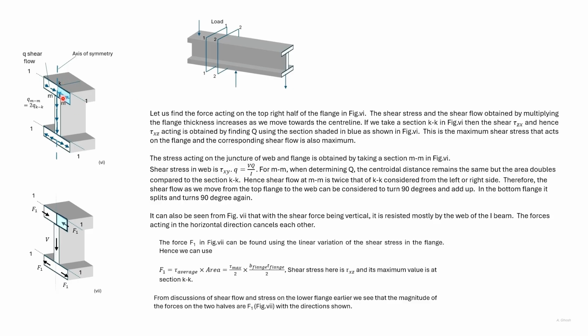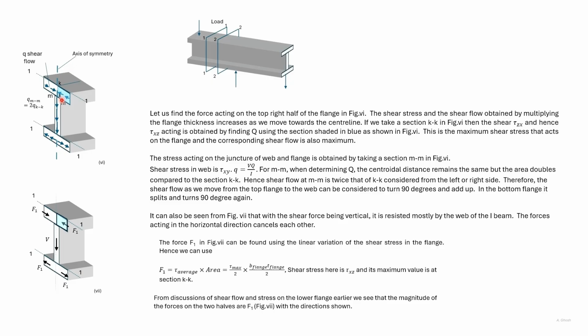At the section KK, which coincides with the axis of symmetry, the shear flow is maximum. The shear flow is given as VQ divided by I. To give the shear flow at the section AK, the statical moment of area of this portion, which is shaded, has to be taken.